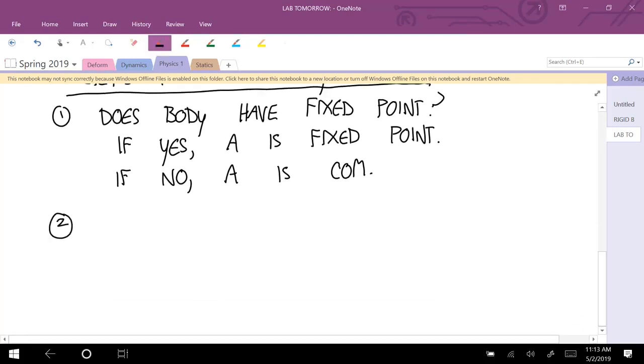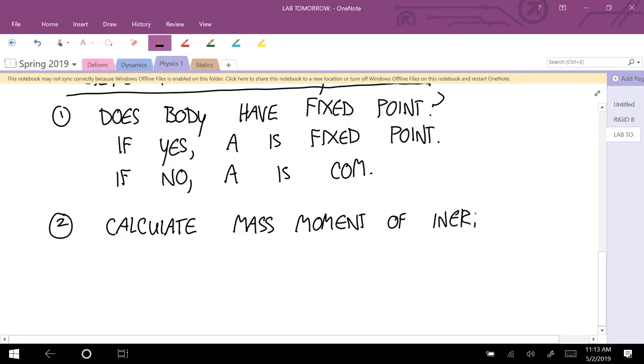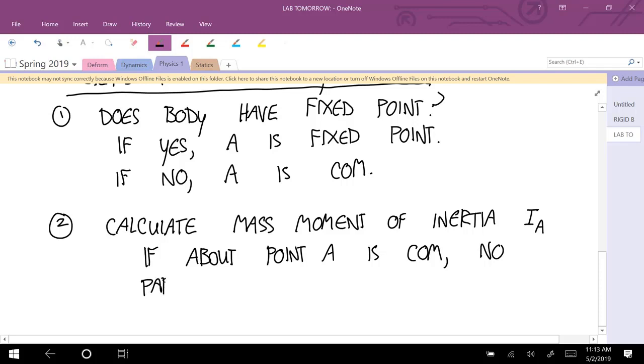Second, calculate the mass moment of inertia. So this is I sub A. If the about point A is the center of mass, then you don't have to use the parallel axis theorem.